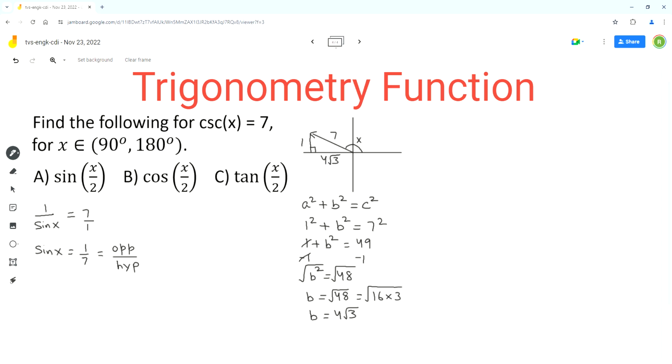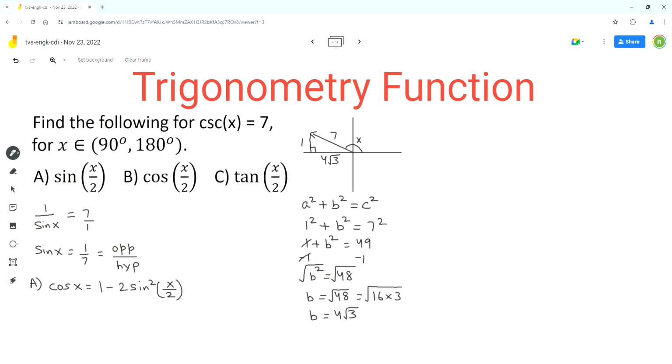Now since we have to find the half angle values for sine, cos and tan, we have to use the cosine double angle identity. For part A, sine x over 2, the cosine double angle identity will be as follows. We can use the right angle triangle to find the value of cos x.